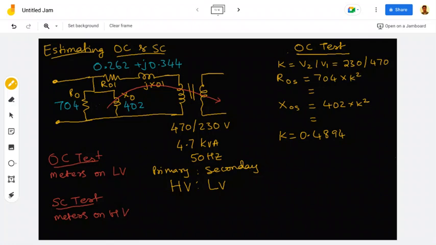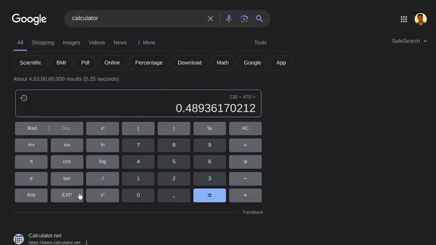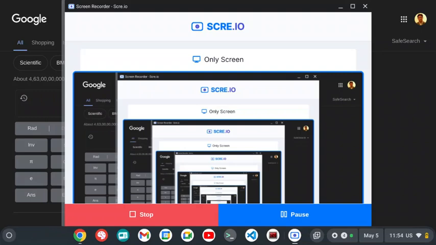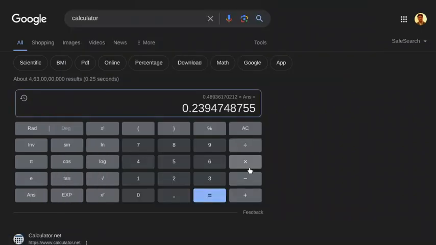So now 704 into K square. Let us do that. So I'll square this, multiplying it into itself. So this is K square, 0.2395, and multiplied by 704. So this is 168.59, or I'll make it 168.6.